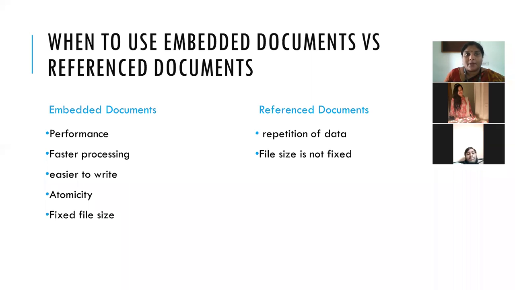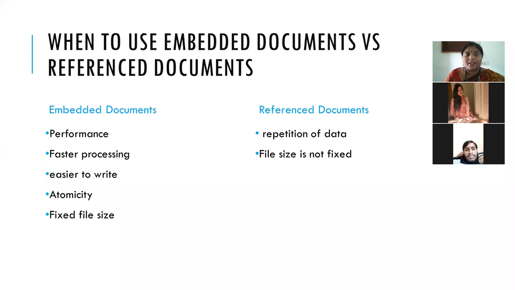Whenever you want to establish the relationship between the documents in NoSQL, especially with MongoDB, you have two methods. One is the referenced method, the other one is the embedded method. In the embedded method, you just put your parent document and child document inside a single collection itself.